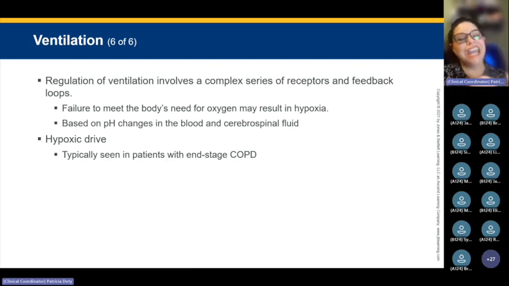And it's going to say, hey, I don't need that much, or hey, I need a lot more. And it's going to send all those messages to your brain. Okay, so hypoxic drive is different. And that's where the primary control of breathing is that it uses the levels of oxygen to control breathing. So typically, this is going to be seen in your end-stage COPD patients, not necessarily beginning stages.